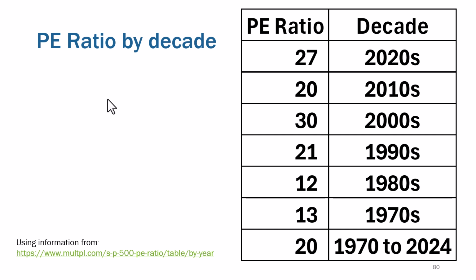So in the 70s and 80s, PE ratios were around 12 and 13. But look at what's happened. In the 90s, stock prices started to go crazy, and they really haven't slowed down. 21 to 30 to 20 to 27. Overall, it's been 20, but over the last 35-ish years, it's probably been closer to 25. So PE ratios have really exploded over that period of time.